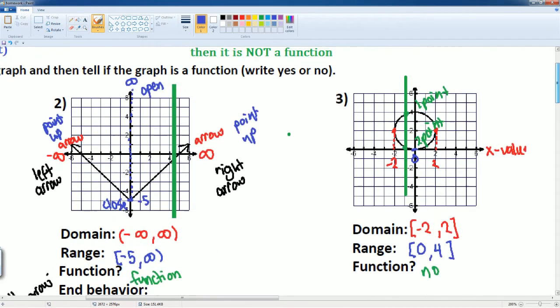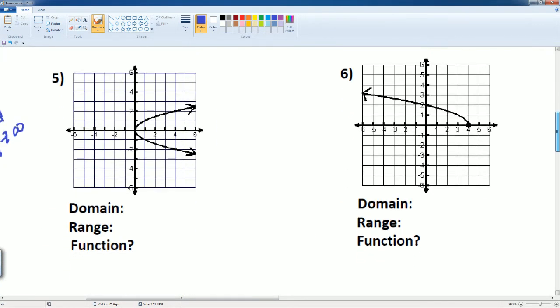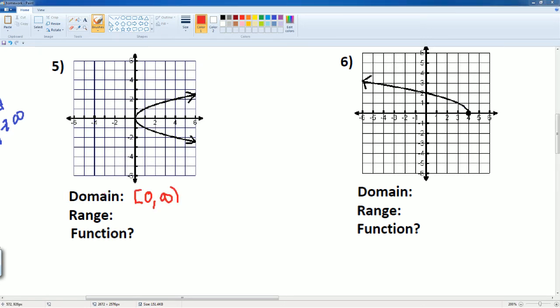5 behaves like number 3, so I'm just going to give you the answer without an explanation here. The only difference is that it stops here, when x is equal to 0. Then it goes all the way to x goes to positive infinity. That is why it's closed at x equals 0 with the bracket.